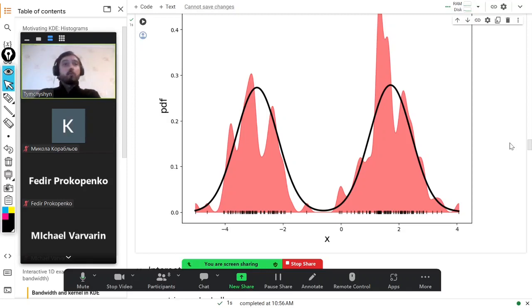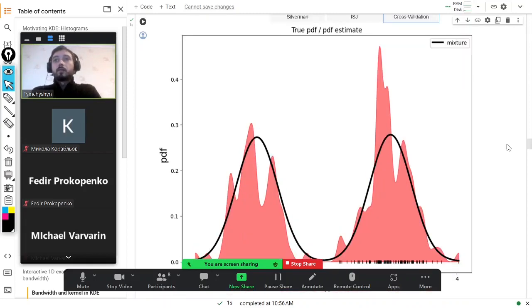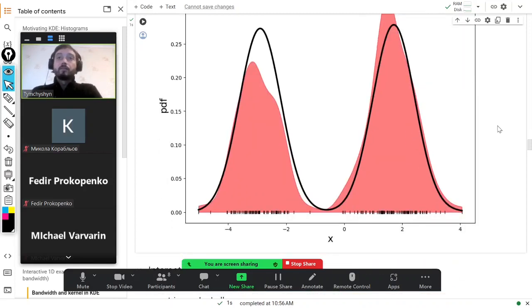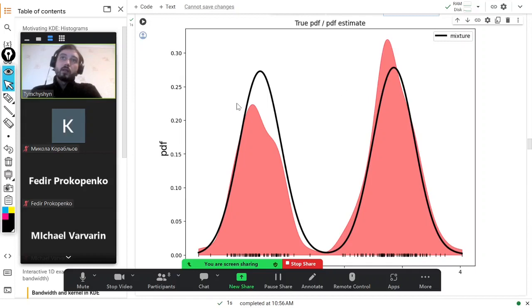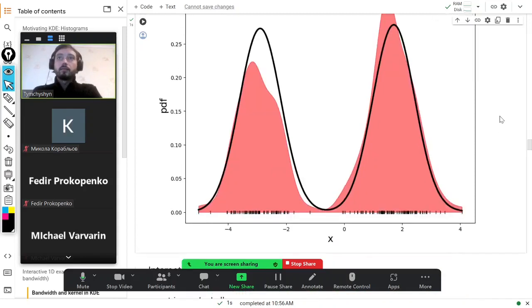It takes a long time because cross-validation always takes a long time. Oh, here it is. Well, this one or Silverman's, these are two candidates, let's say, for the best result.